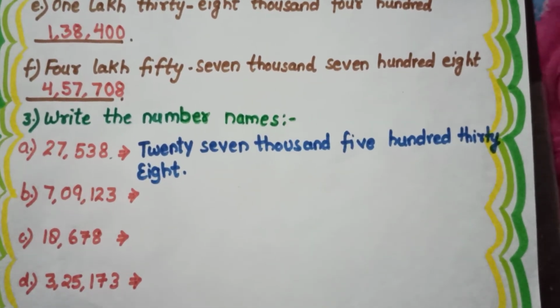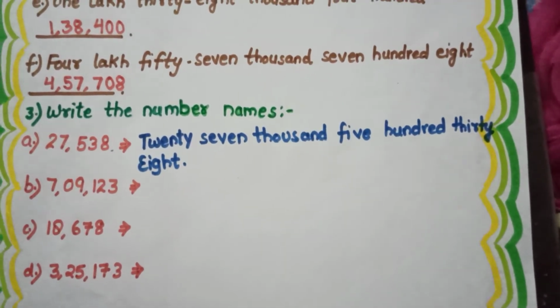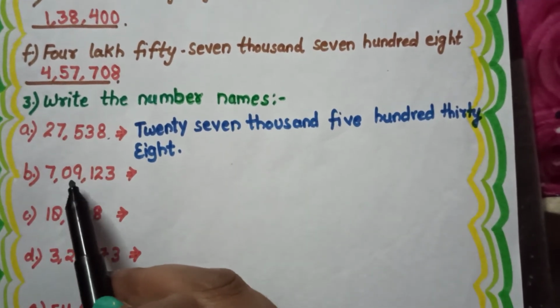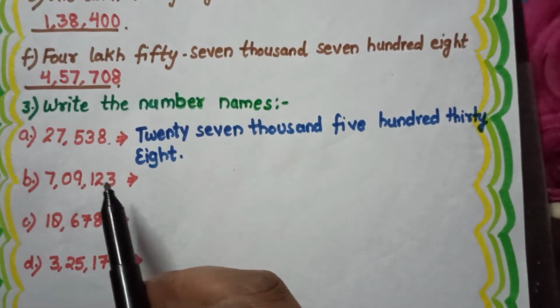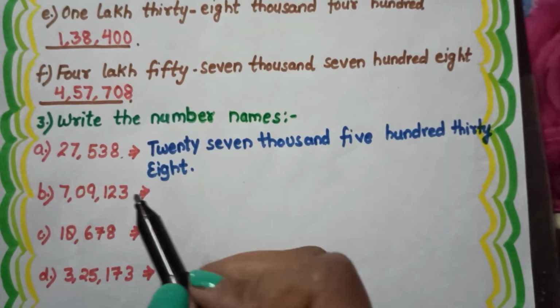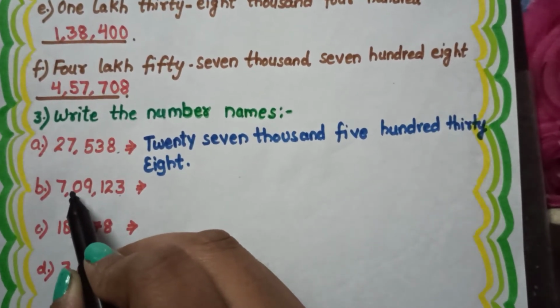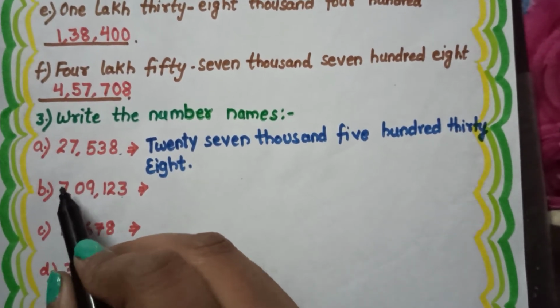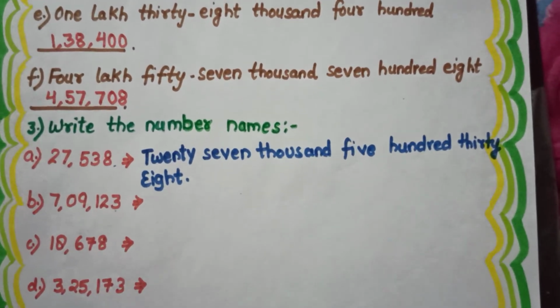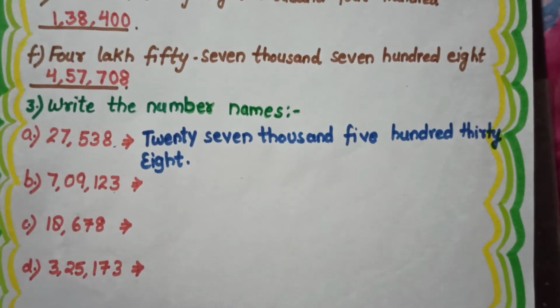Okay. Now B part. 709,123. Let us read out the place values first of all: ones, tens, hundreds, thousands, ten thousands and lakh. It means this 7 is placed at the lakhs place.